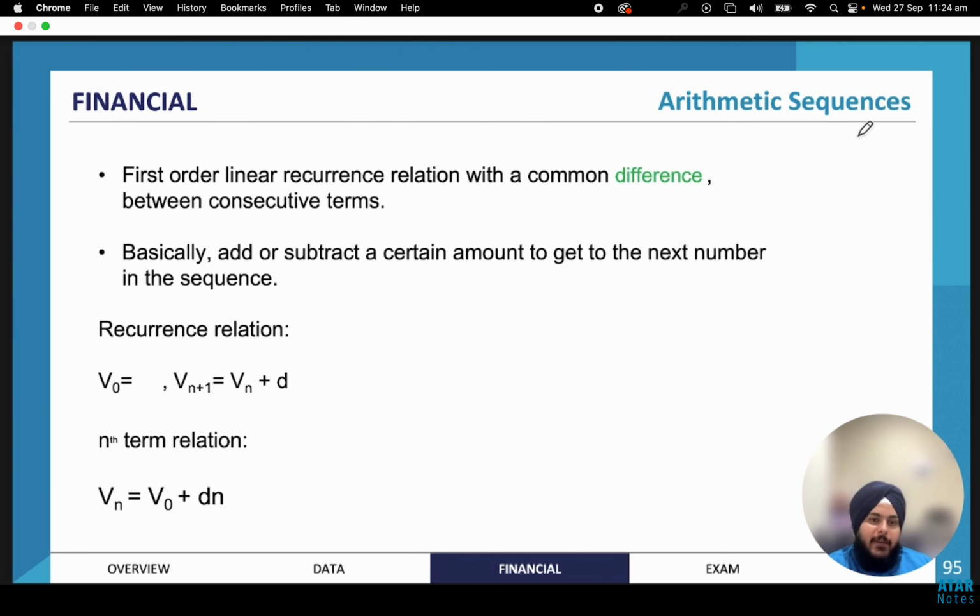So basically what's happening is we have an addition or subtraction of a certain number to get to the next number. And this is what the recurrence relationship will look like, essentially. So we have an initial condition, and remember, recurrence relationships allow you to find a particular value given the initial condition and a certain value in between.